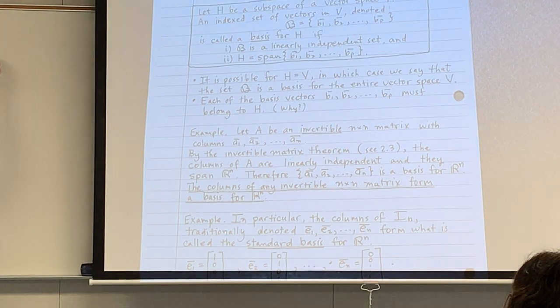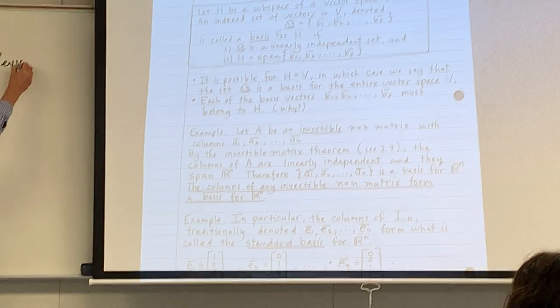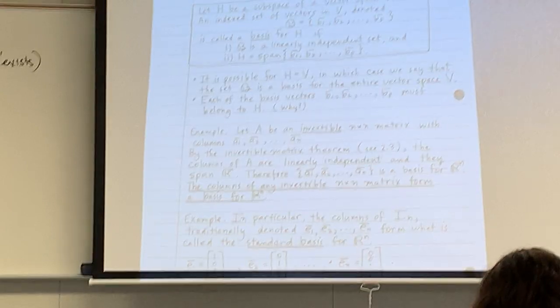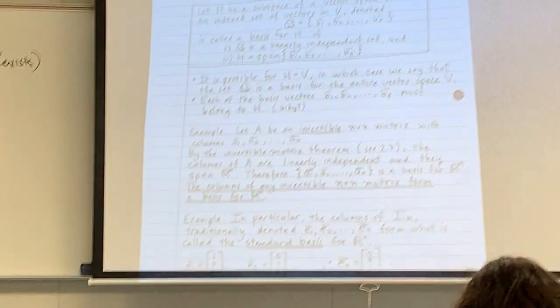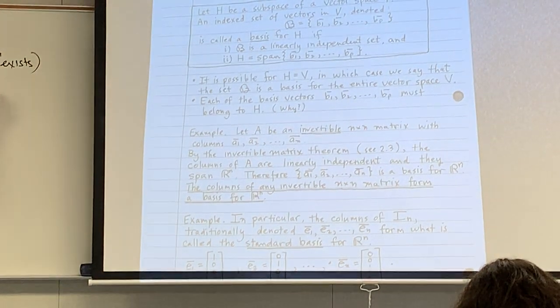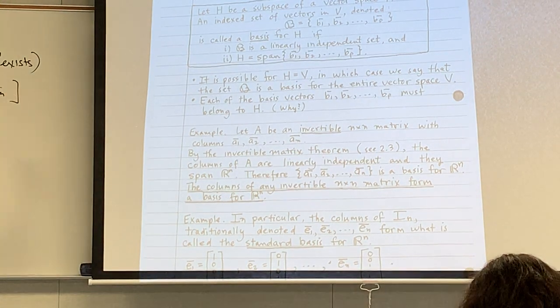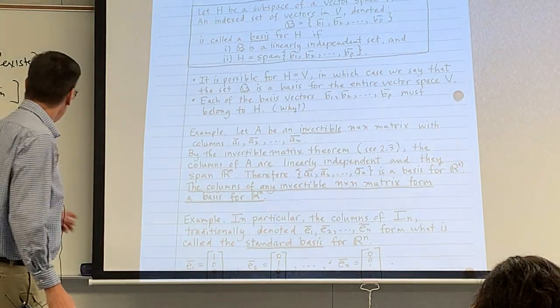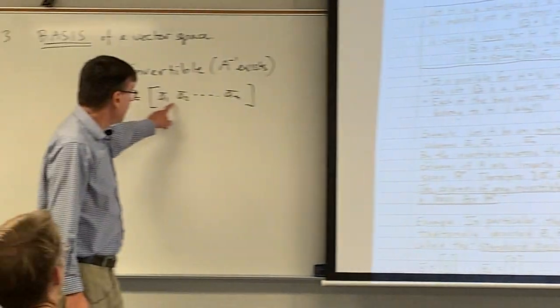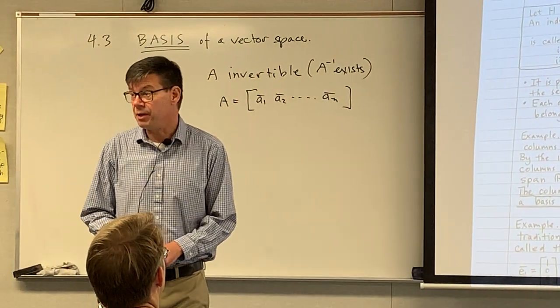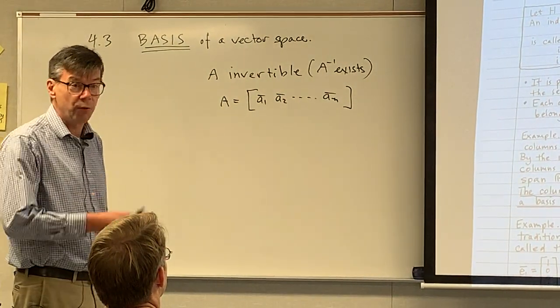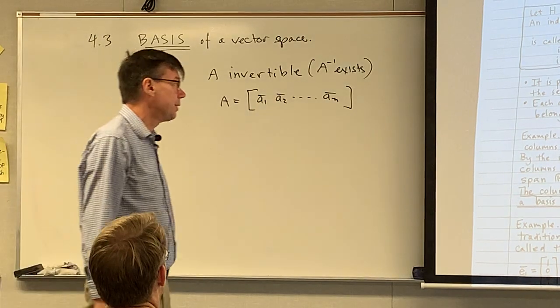So A inverse exists. And A can be expressed as columns A1, A2 to AN. By the invertible matrix theorem, the columns of A have to be linearly independent. That's one of those long list of equivalences.